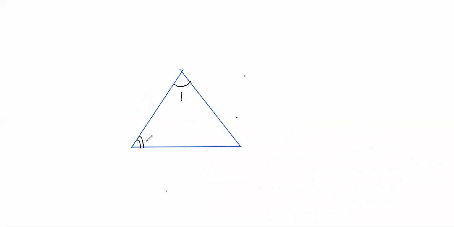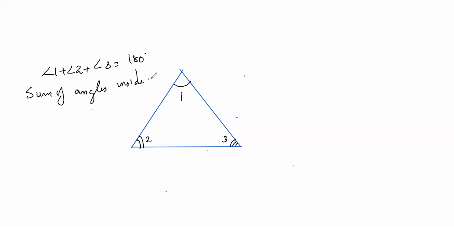This is my second angle, angle 2. This is my third angle, angle 3. So angle 1 plus angle 2 plus angle 3 is equal to what? 180 degrees, which means the sum of the angles in a triangle is equal to 180. This is my first property.